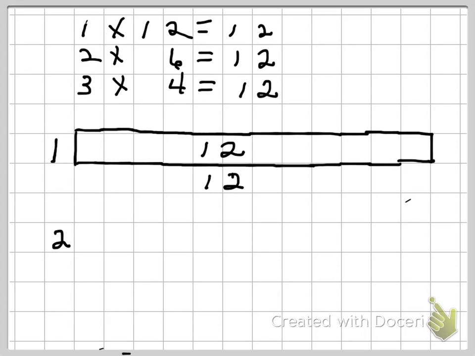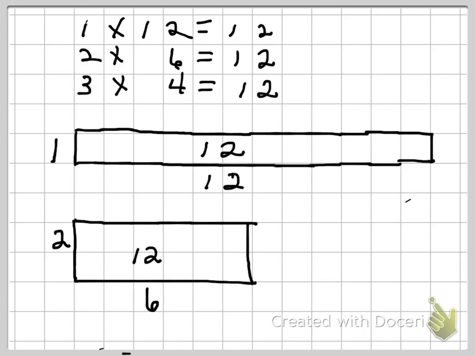2 times 1, 2, 3, 4, 5, 6. Let's draw the bottom line here, and let's put our factors. 2 times 6 equals 12. Let's try one more.